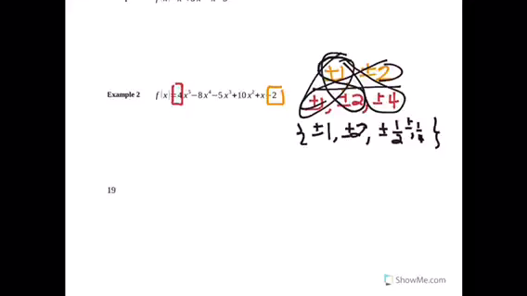So now we want to start checking some of these, right? So let's take a few minutes to check some of these. All right, let's test one. It's an easy one to test. Okay, my coefficients are 4, -8, -5, 10, 1, and -2.